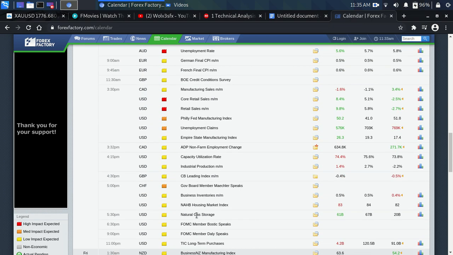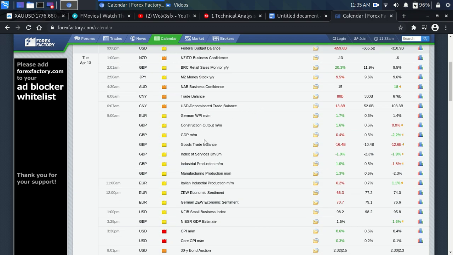It occurs mainly on the first Friday of the month. We also have retail sales, purchasing managers index, which is PMI. We also have FOMC, this one here. Yeah, that's basically fundamental analysis, where a trader will do research on the economic, social and political forces that affect the supply and demand of a currency pair. That's basically it.